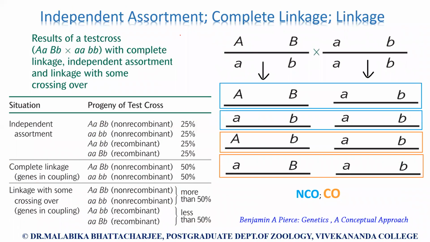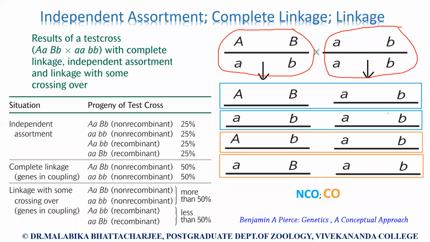This is another example where I have shown you another case of independent assortment. In this case, the organism is the heterozygote. And whenever we cross a heterozygote with a homozygous recessive parent, the cross is referred to as a test cross.